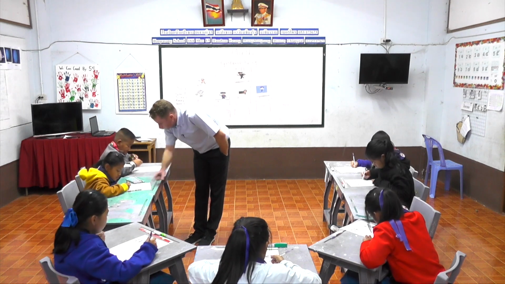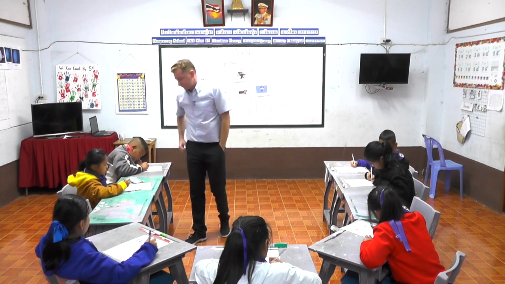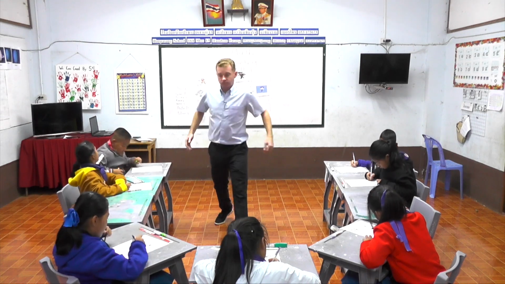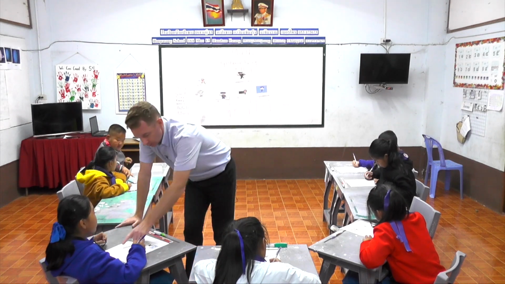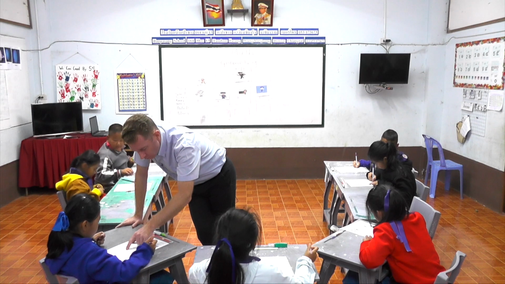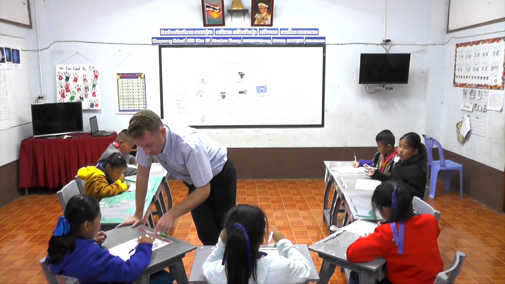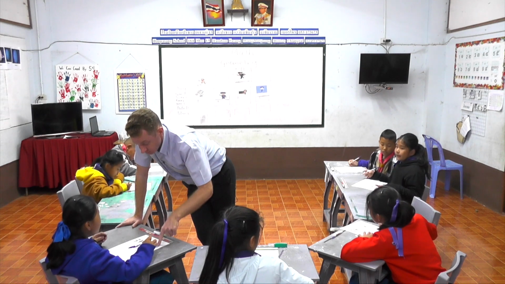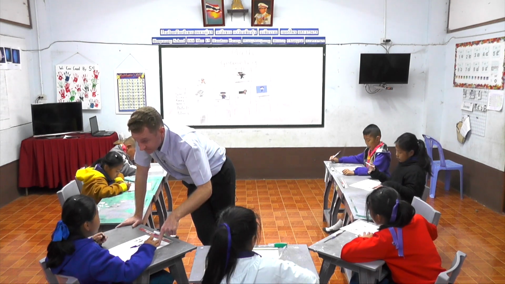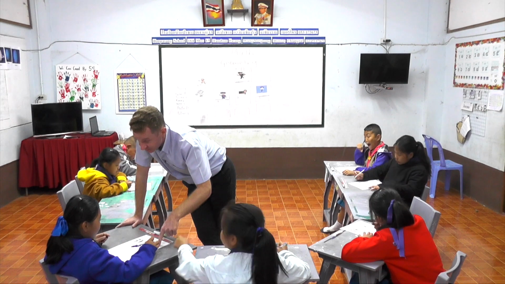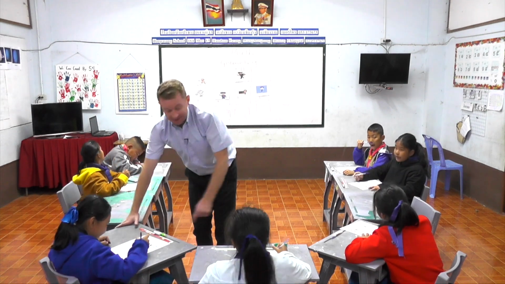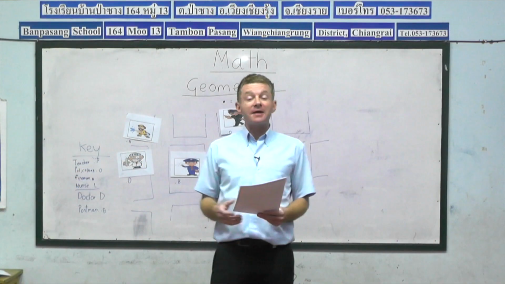Correct. Point Q, nurse. What point is to the right of the teacher? So find which one's the teacher, and then to the right of the teacher. Who's that? Teacher, and to the right of the teacher? Nurse. Excellent.